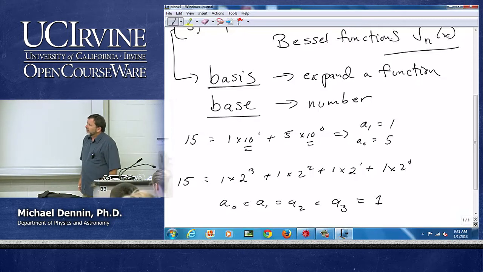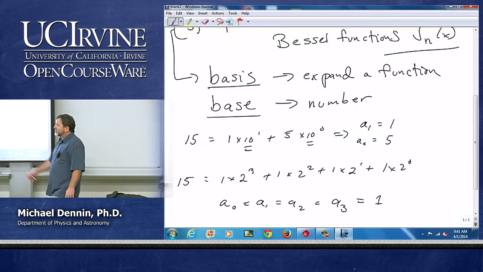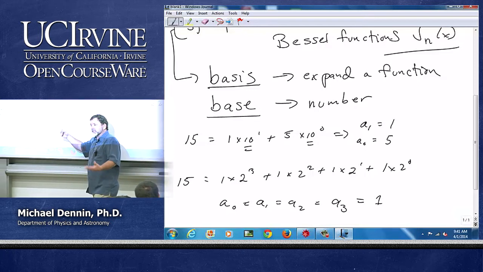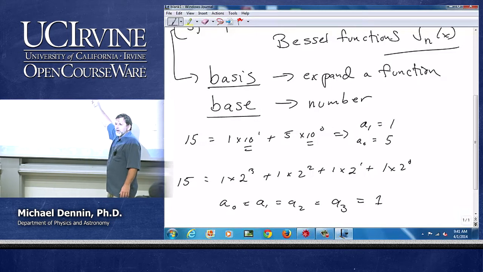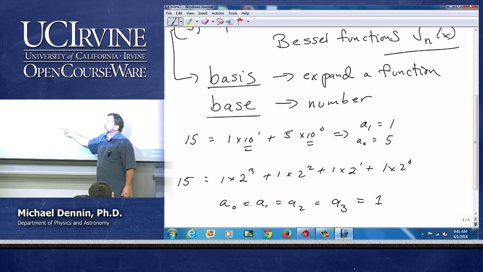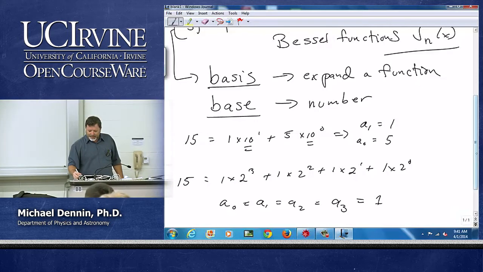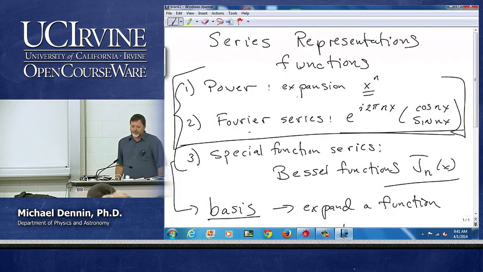But that's not relevant really to the main point of the example, which is, as we go forward, keeping in mind that a function is some object that just exists, and there are many different ways to write it. One of the useful ways to write a function is as a series expansion in some base, and we will be looking at a bunch of these in this class. But the two we'll focus on are power series of x to the n and Fourier series.